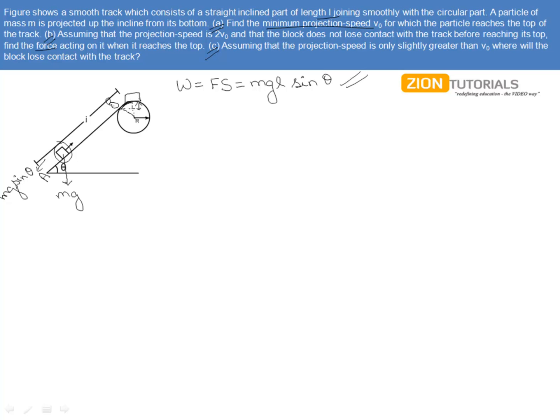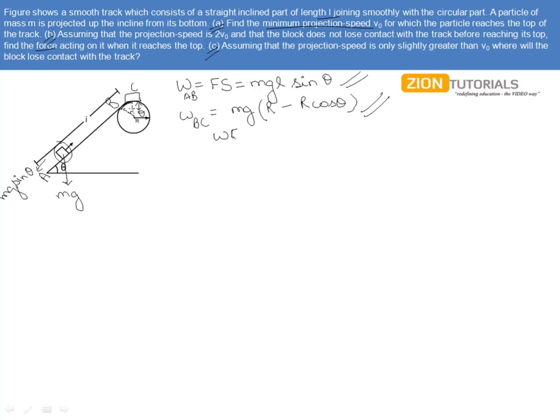Let us now work out the work done from B to C, C being the topmost point. So this was AB, and now WBC is force into displacement, the force being mg in the downward direction and the upward displacement being just r minus r cos theta, if this angle is theta, right?